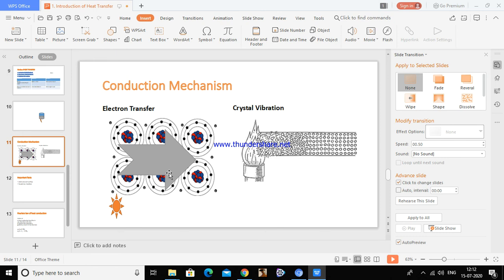Similarly in non-metals, or solids which have crystalline structures, when we provide heat at one side of that solid, the molecules or crystals near the heat get heated. After getting heat, they get excited and start vibrating. Due to that vibration, the crystals bombard the adjacent crystals, and we have the exchange of heat from one crystal to another.